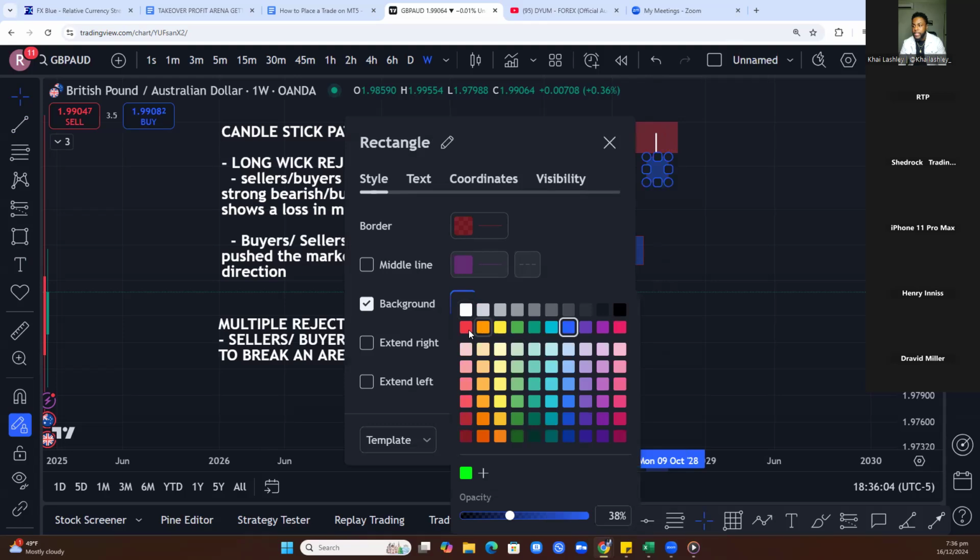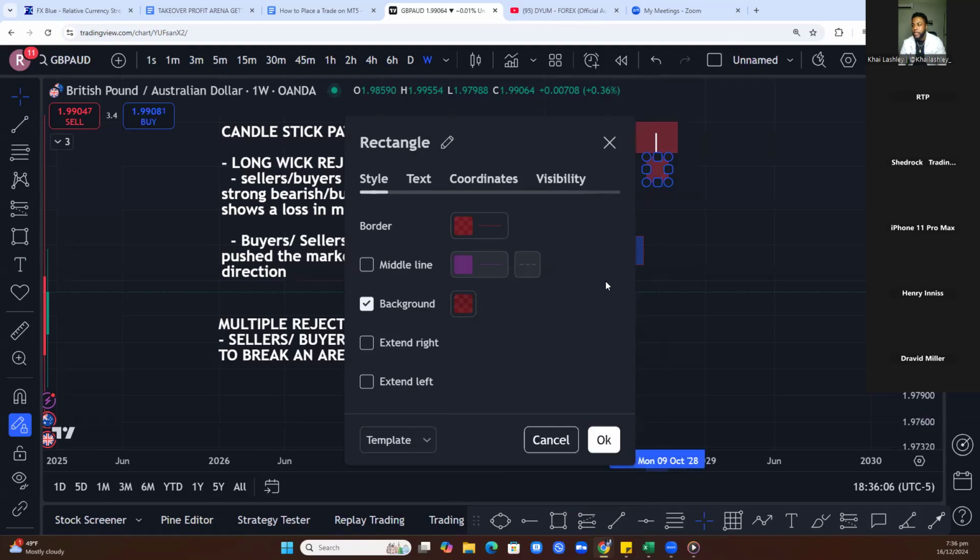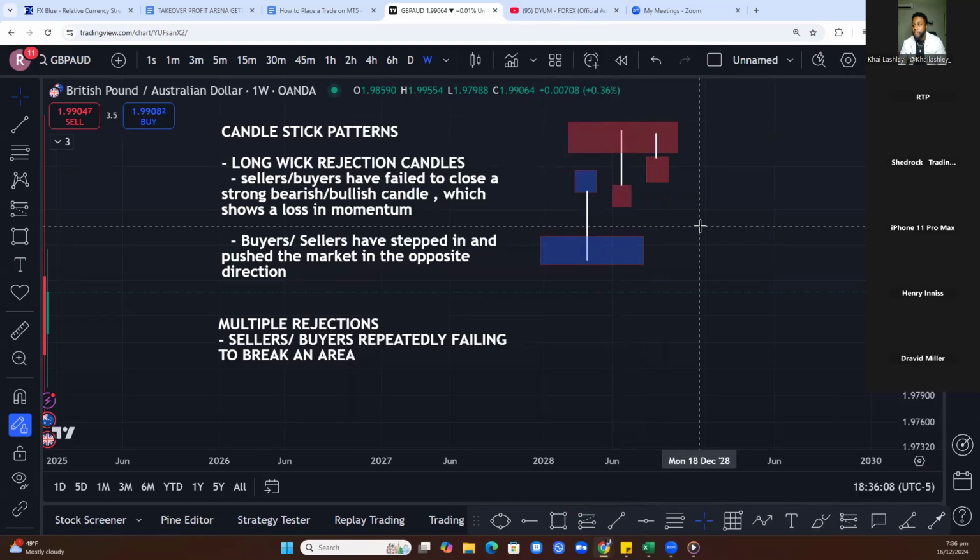It doesn't necessarily matter what the candle looks like, but we are getting that rejection off that supply zone. We got multiple candles. Maybe it might be a doji at this point or whatever. We get price rejecting that particular area. So it's like multiple rejections. You see two, three, four rejections in a particular area.